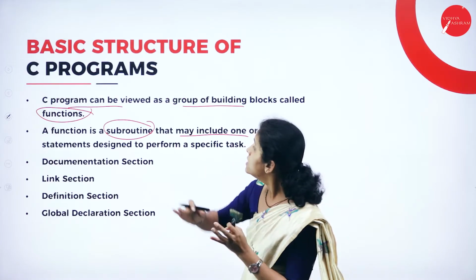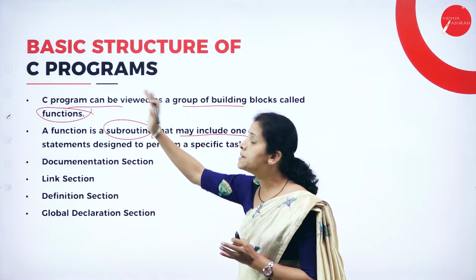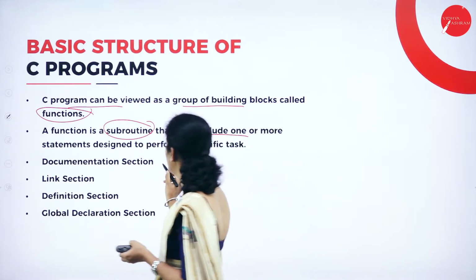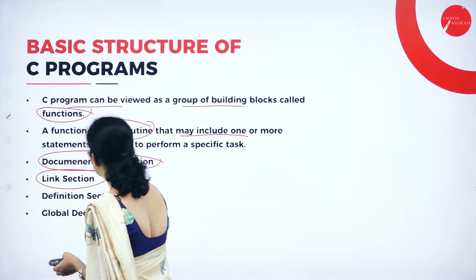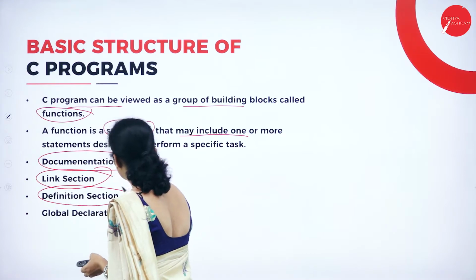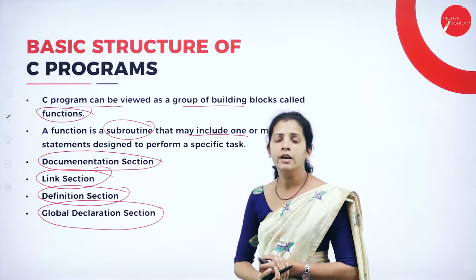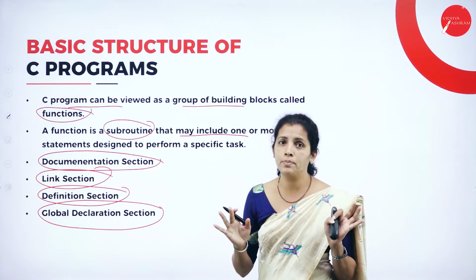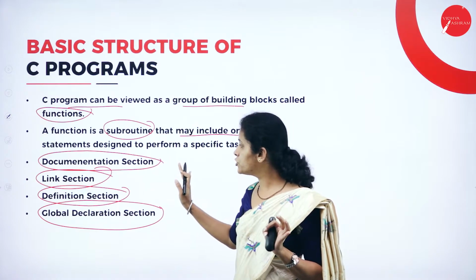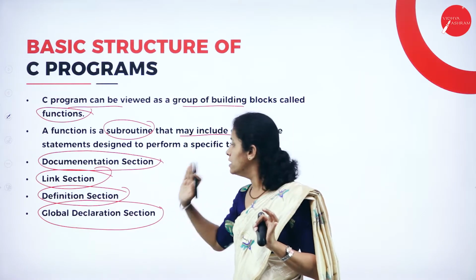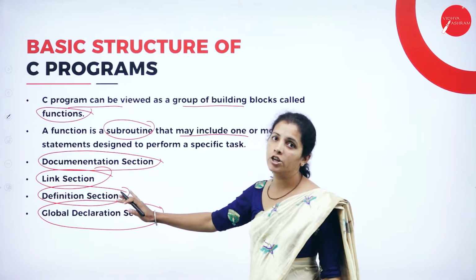And what are the sections of a C program? I'm going to have the documentation section, link section, definition section, as well as global declaration section. Any C program must have these sections.